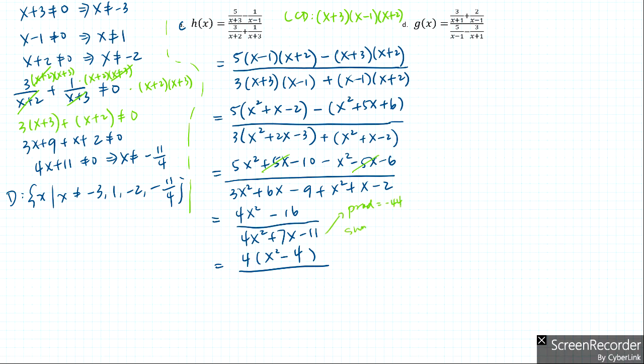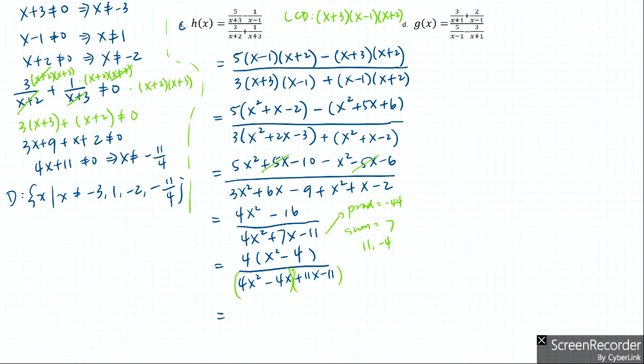And the sum needs to be positive 7, and if we think about the factors of negative 44, we should have the two numbers being 11 and negative 4. So that's what I'm going to do. I'm going to rewrite the middle term to be 4x squared minus 4x plus 11x minus 11. So we can do factor by grouping over here.